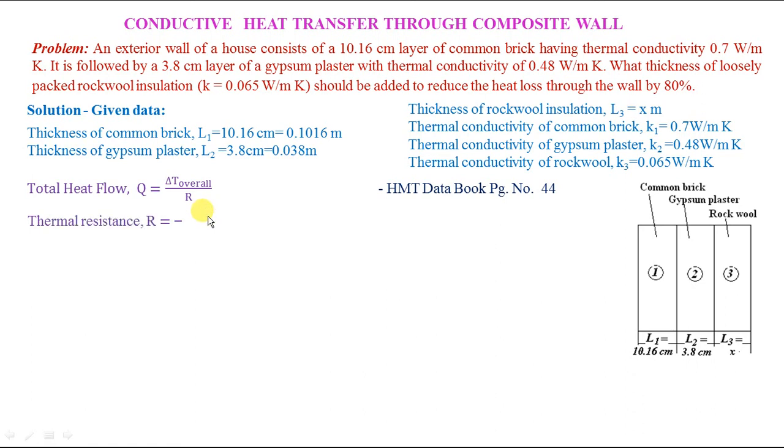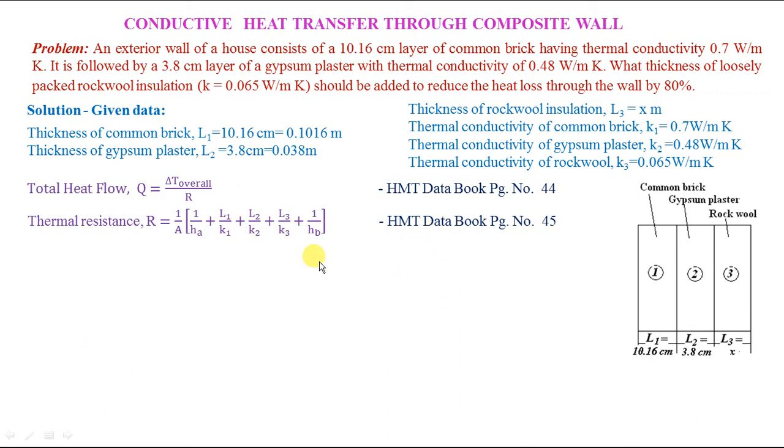The thermal resistance R is equal to 1 by A into 1 by HA plus L1 by K1 plus L2 by K2 plus L3 by K3 plus 1 by HB. This is also from the data book, page number 45.